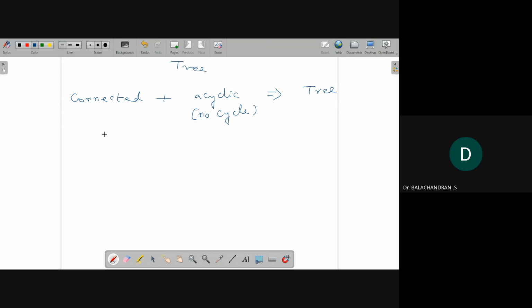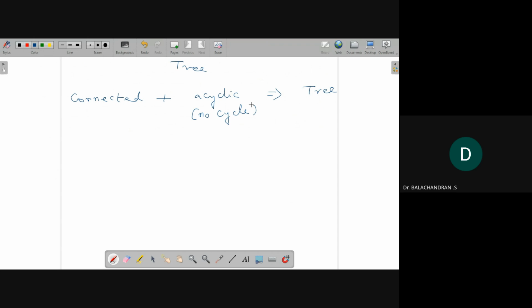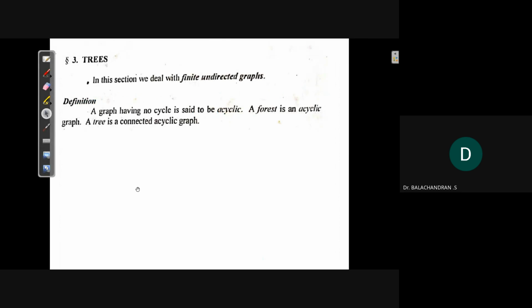Actually, a forest is only acyclic. That means it is not connected. A forest is an acyclic graph, which means it satisfies only this part. It means the forest has no cycle, and hence the forest is not connected.